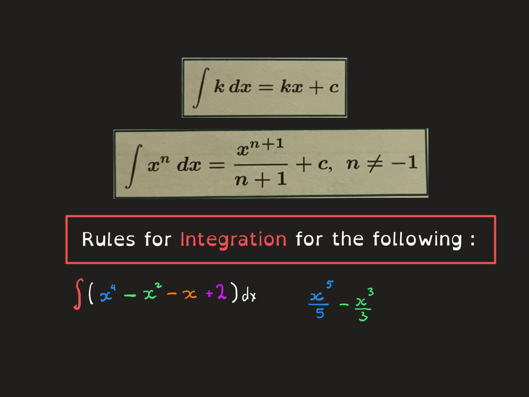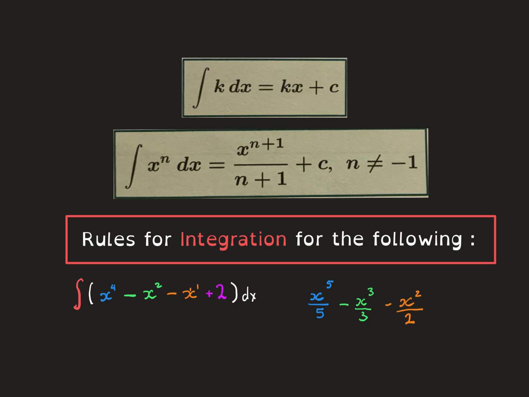Now we're going to do the same thing to the orange, and we'll have minus x. This x here has got a 1 on it, so we can pretend that we're going to add now a 1 to it. So this will be x to the 2 over 2.